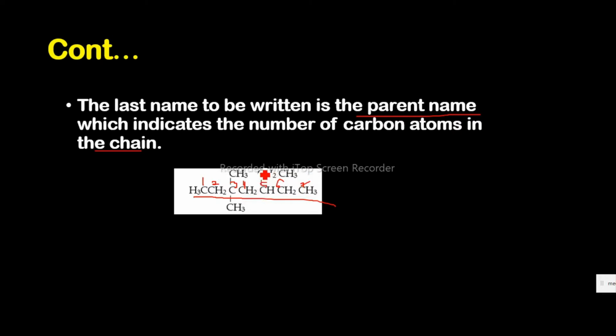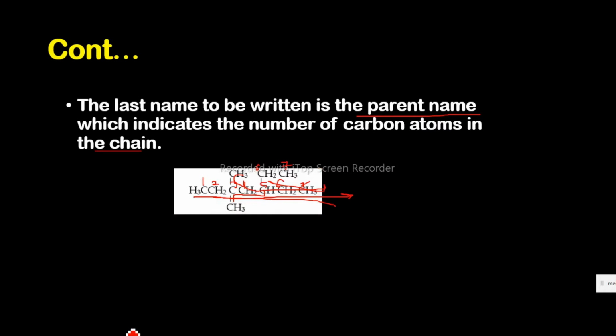So if this is 5, then this one is 6, and this one is 7. So it becomes the same. And if we take maybe this, this is the same. If we take maybe from here and we go, this is still the same. So now our longest chain is this, okay, with 7 carbon atoms.